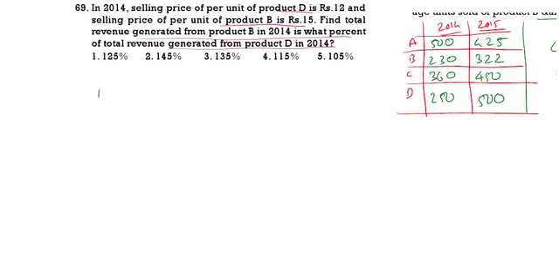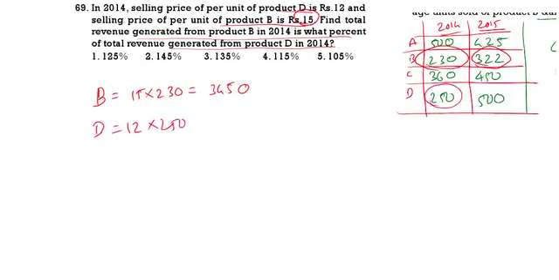First of all, B, the selling price is 15. In 2014 it is 230. So 15 into 230 is 3450. D, the selling price is 12 and in 2014 it is 250. 12 into 250, that is 3000.